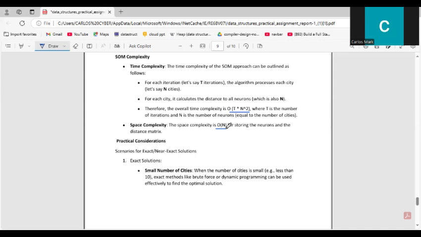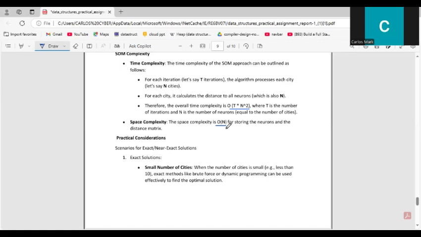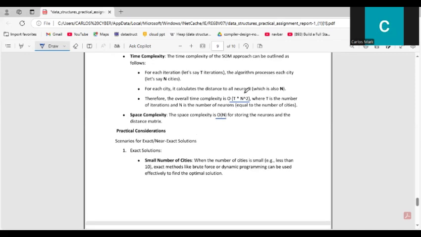That's why I'm using capital N here, not the city count itself. So each city is stored as a neuron.